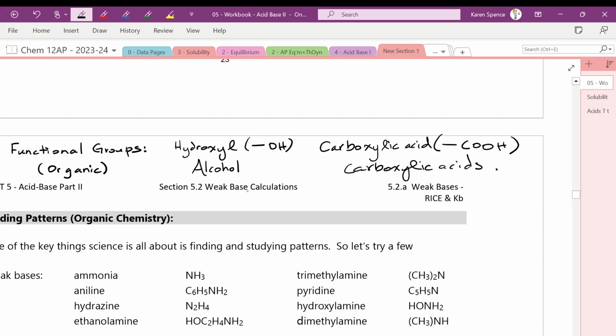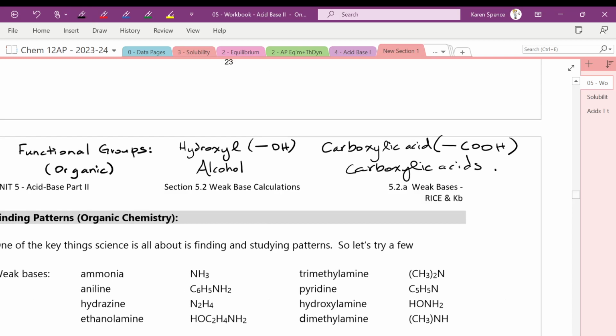Like alcohol makes it polar, because it can do hydrogen bonding. A carboxylic acid is also going to be polar at that end, and it will be able to do hydrogen bonding.